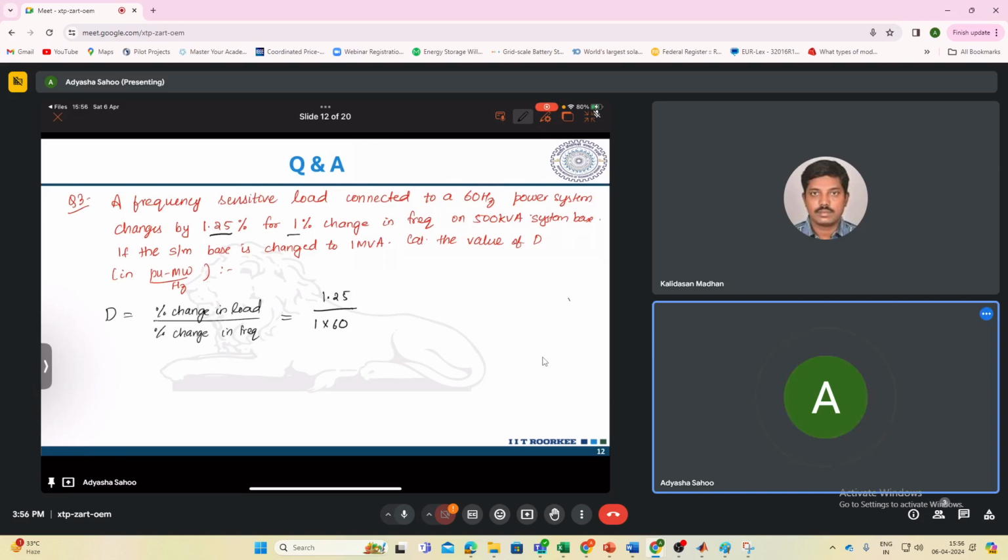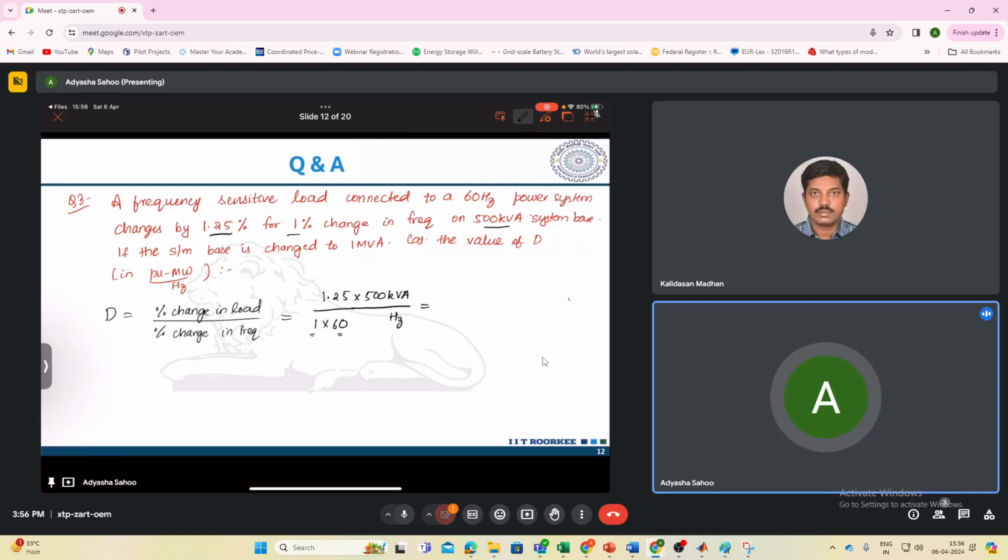So here it is 1.25% of your 500 kVA load for 1% of your 60 Hz.